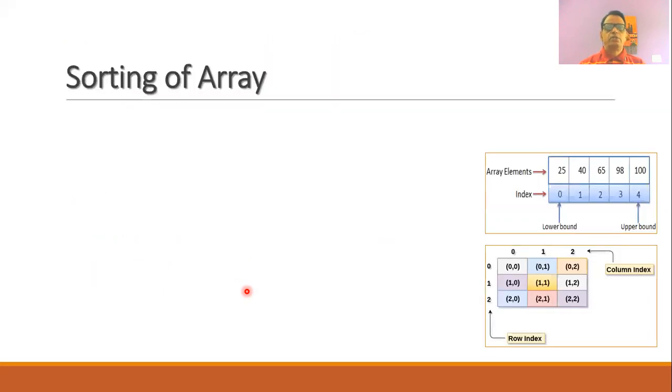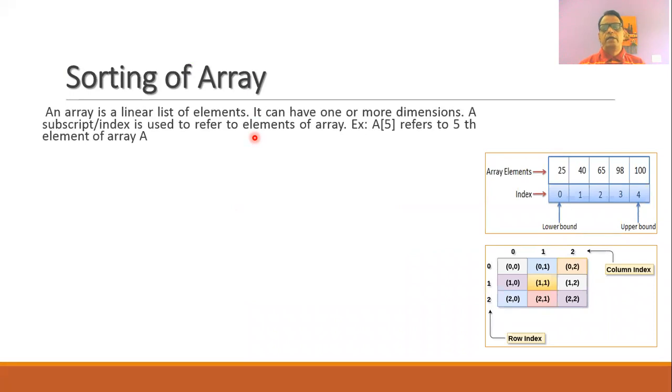So let us start the session with the question: what do we mean by sorting of an array? We know that an array is a linear list of elements. An array can be of one dimension, or it can be of two or more dimensions. Whenever we have been given a list of elements, these can be stored in successive memory locations.